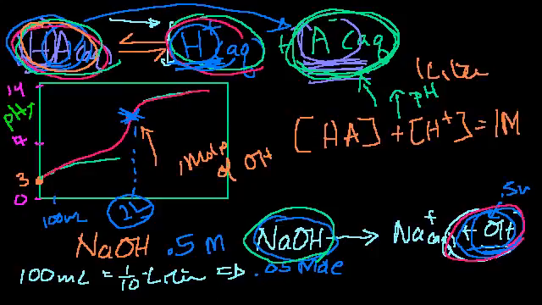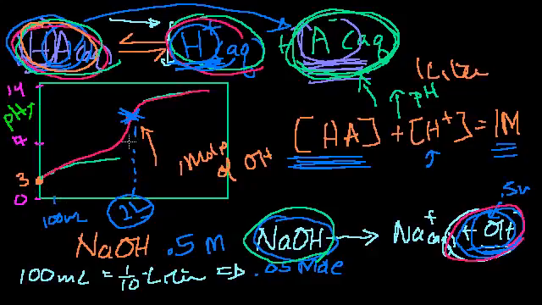Now, in most chemistry classes, this number is way bigger than this number for most weak acids. If you look at some of the pKa's for some weak acids, I won't go into the math, but this number is a lot lower. So this is an indication, essentially, of your initial concentration of your weak acid.